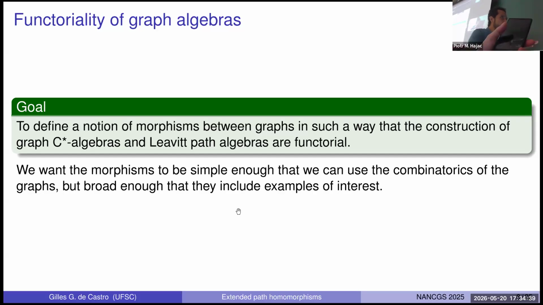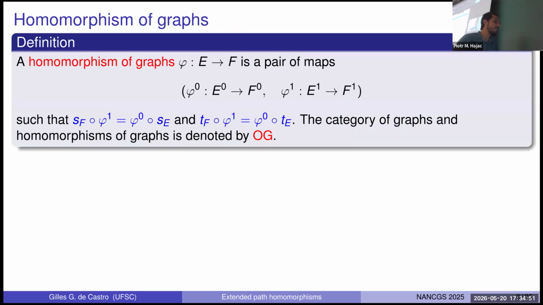We're going to go into these simpler definitions of morphisms that we are using. Every morphism like here can be seen as a morphism between groupoids, but I'm not going to talk about groupoids in this talk. Okay, so the first definition is what one would think about when you think about graphs, since you have these four elements to define a graph: the set of vertices, edges, and the source and target maps. Basically, we just take two functions, one between vertices and one between edges, and we want these functions to preserve source and target.